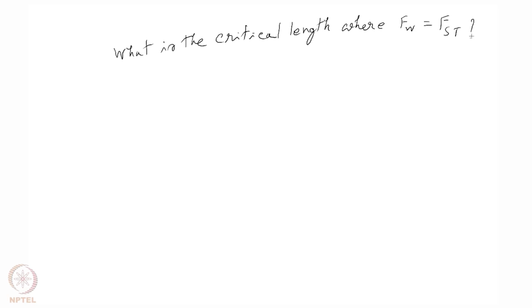So let's compare it. At which point will Fst just cross the F weight? So let's call it not equal to, rather just crossing, so that it will just float, where the surface tension force will be just higher than the weight of the block.